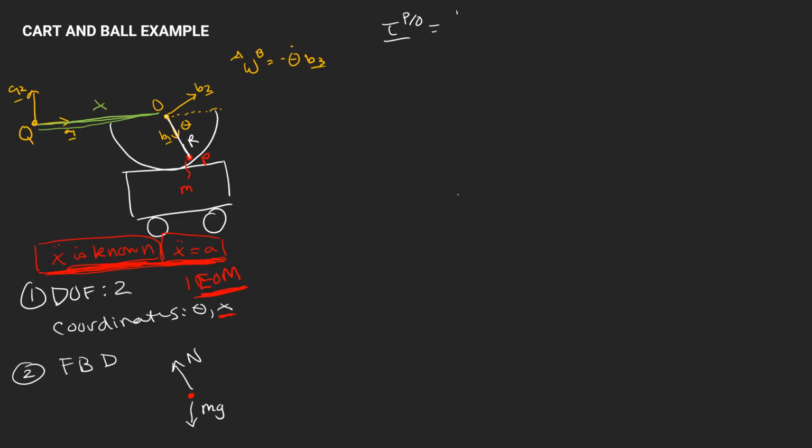So our torque is equal to the derivative of our angular momentum of P about O plus the velocity of point O in frame A crossed with the linear momentum of point P in frame A.